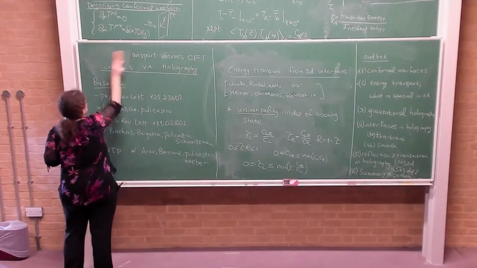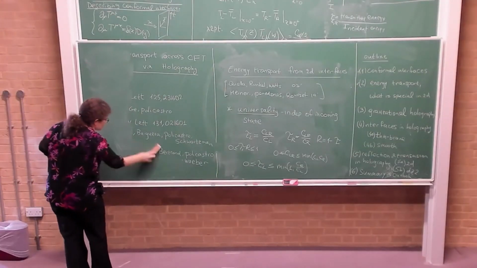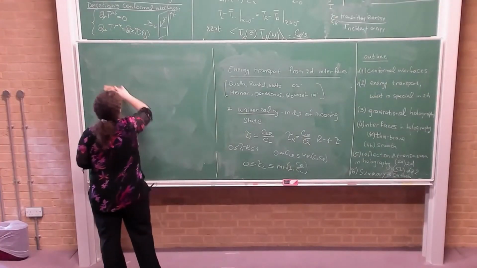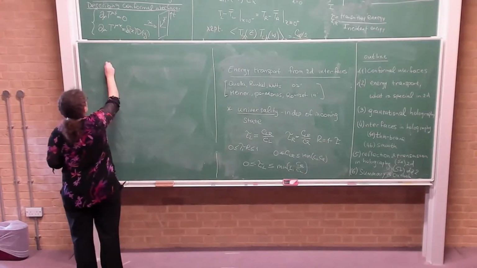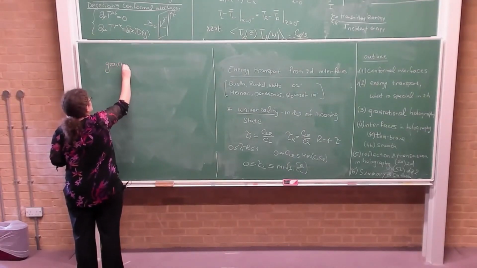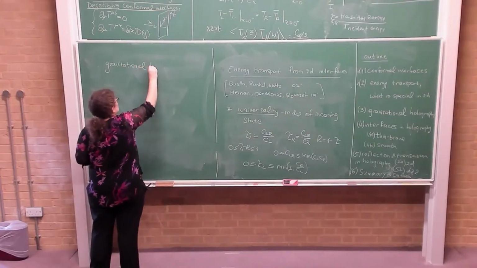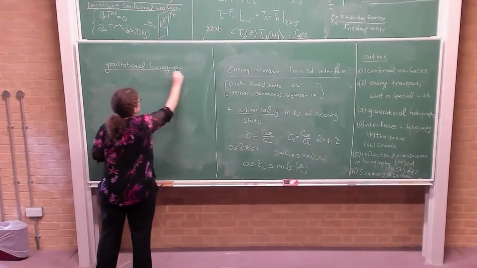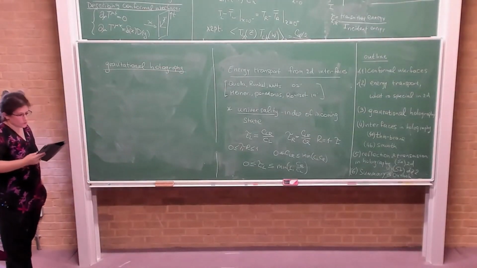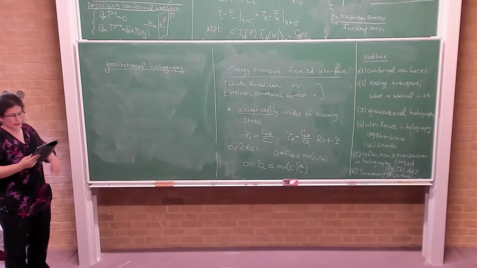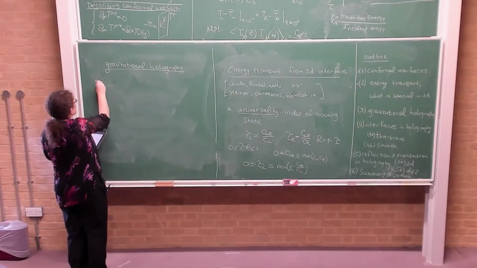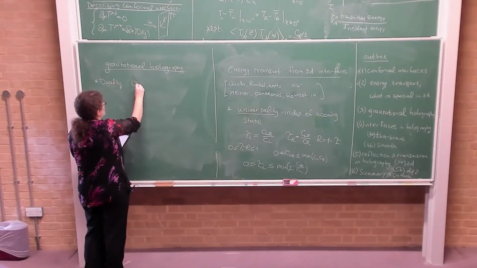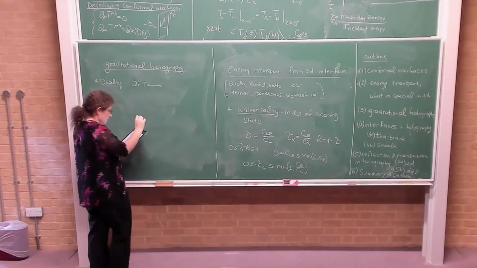So what's gravitational holography? Gravitational holography is a duality, or a correspondence, between two seemingly different physical systems: between quantum field theory and gravity.